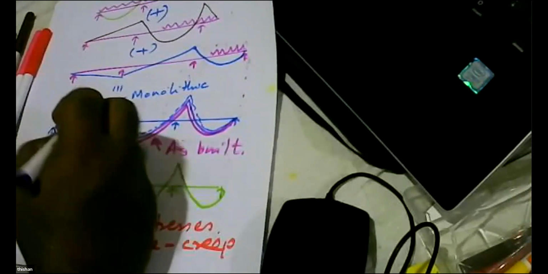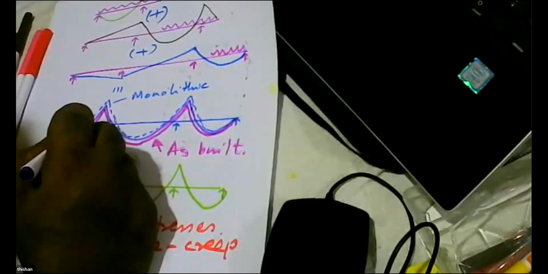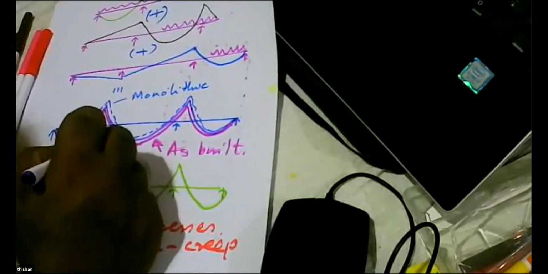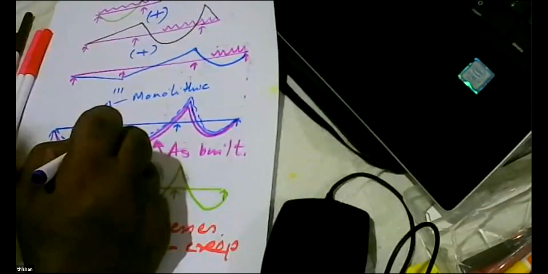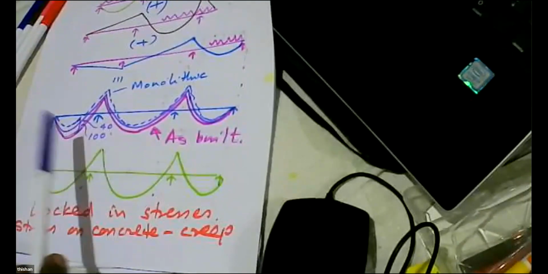And you might find that, let's say this is 100, the difference is 100. After some time, you will find the difference is only 40. Most of these locked-in stresses have been relieved automatically by the structure, because by doing this construction sequence, you have achieved the monolithic structure in stages.